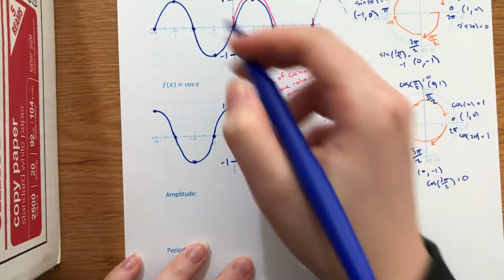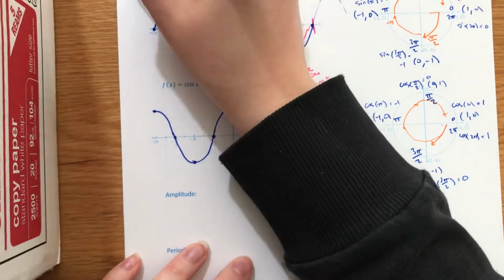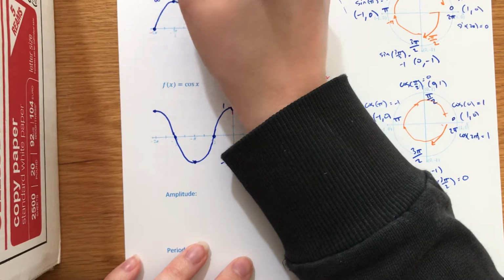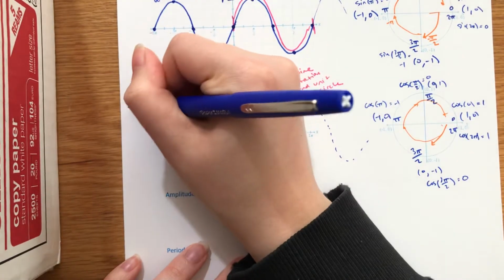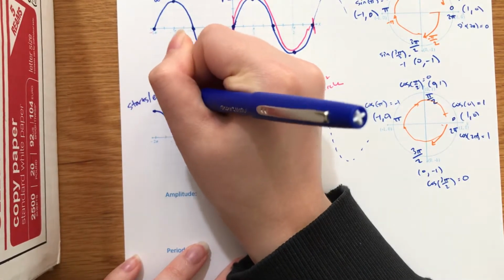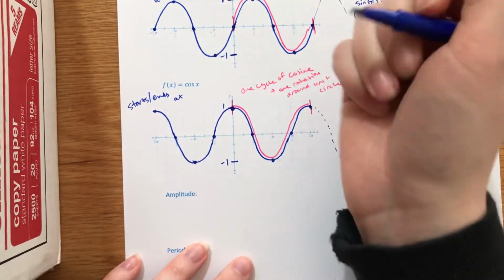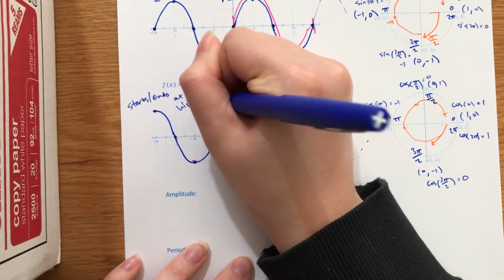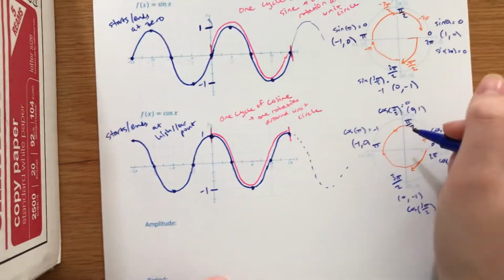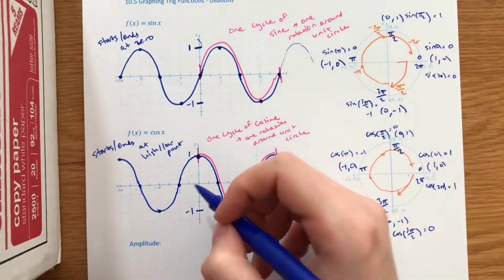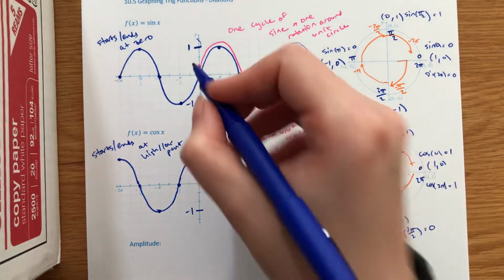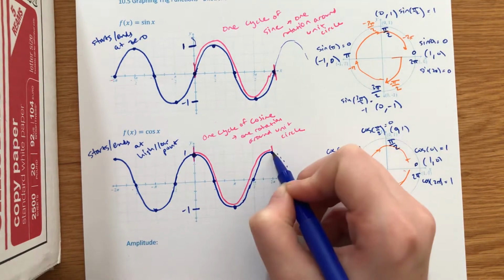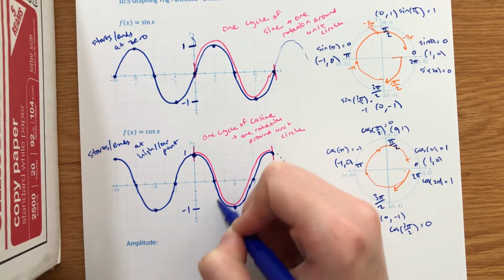So sine starts and ends at 0. Cosine starts and ends at a high or low point. And it just depends on, we're going to talk about positives, negatives, that kind of stuff. But sine starts at 0, ends at 0. Cosine, in this case, starts high and ends high. It's also possible it's going to start low and end low.